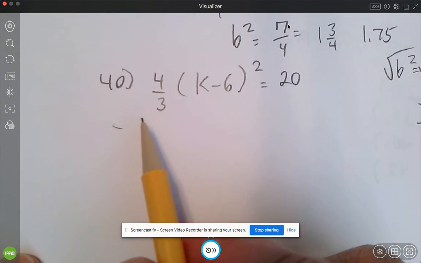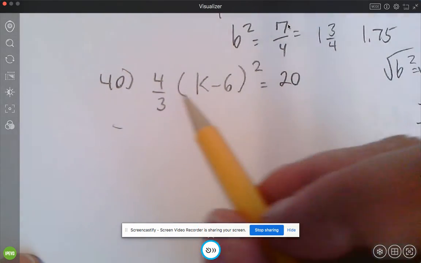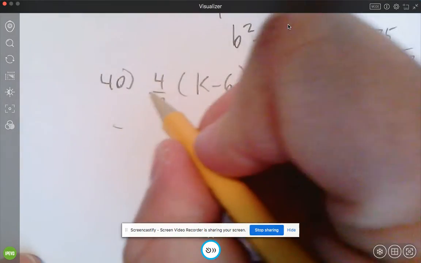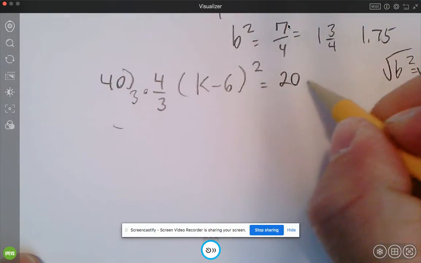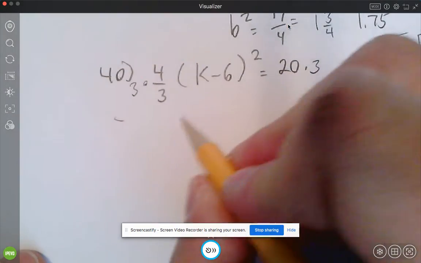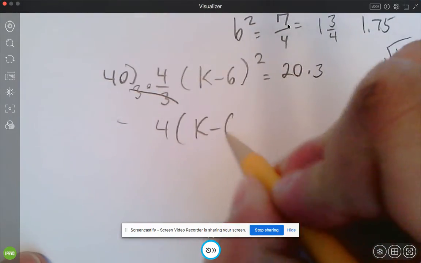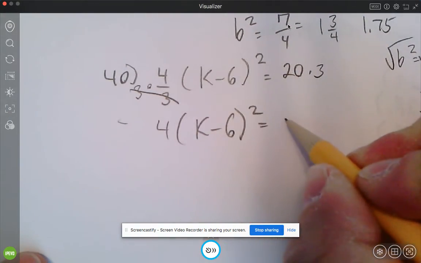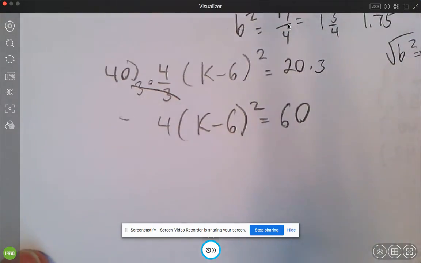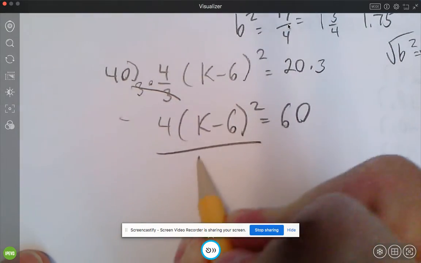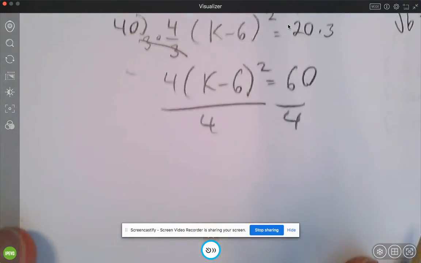So anyways, you're going to clear this fraction, multiply both sides by 3. Okay, and then I'm left with 4 parentheses k minus 6 squared equals 60. I'm going to get rid of that multiply by 4 by dividing both sides by 4.